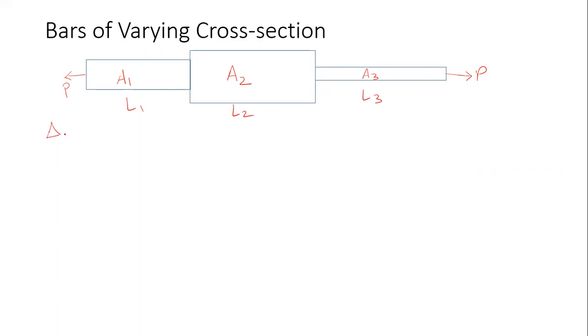So the total deformation, or change in length, delta will be equal to, we know that for any section the total change in length is equal to PL upon AE.